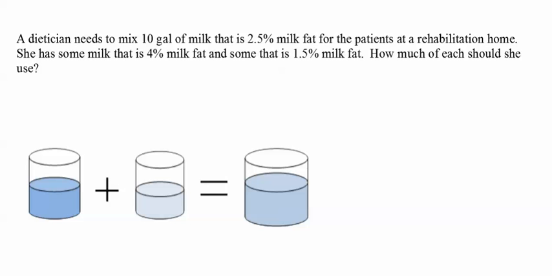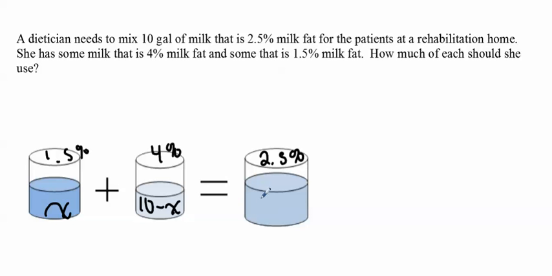So what do we do there? Well, we're going to put 1.5% milk fat here, and then you got the 4% milk fat here, and then here you got the 2.5% milk fat. Now, how much is the 1.5? I don't know, so we'll call that X. How much is the 4%? Well, it's 10 gallons minus however many gallons of the other one we use.